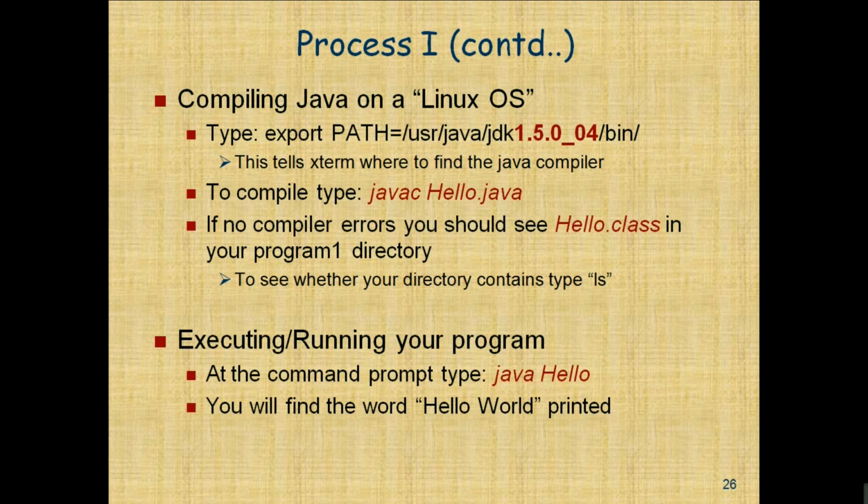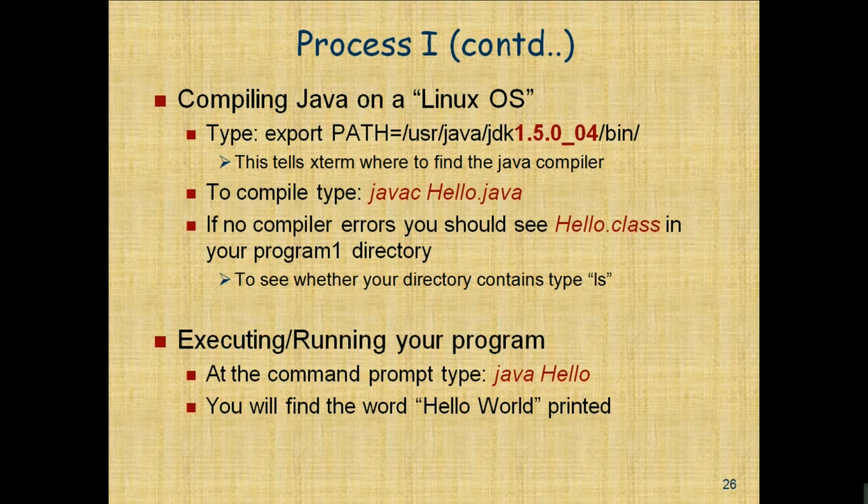Okay, next, how to execute. You have written the Java program. What are the steps we have done as of now? We have written the Java program and named it hello.java. Then we have compiled the Java program. The final step is to execute the Java program.